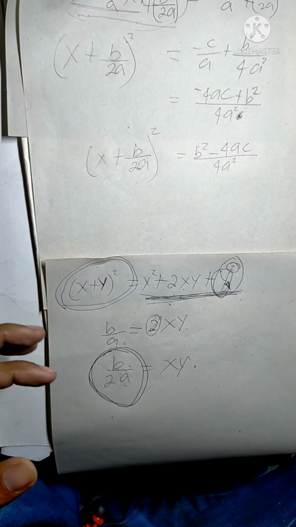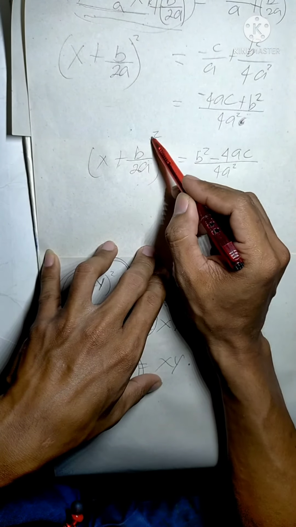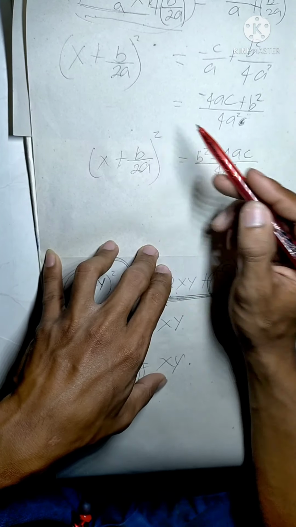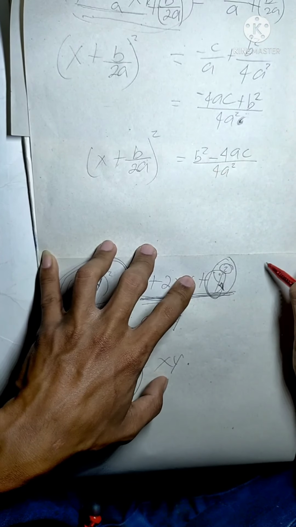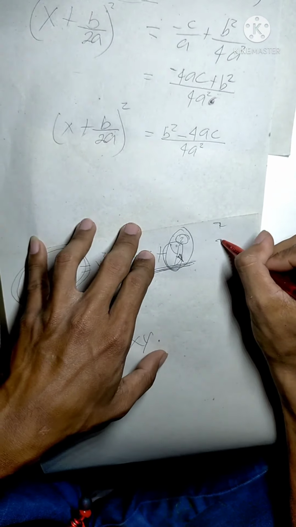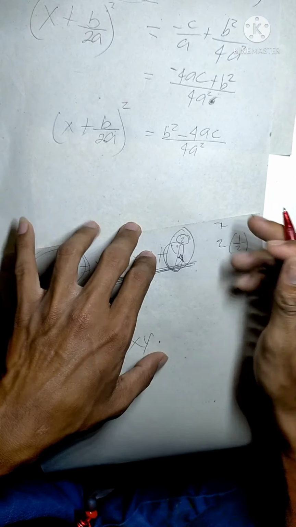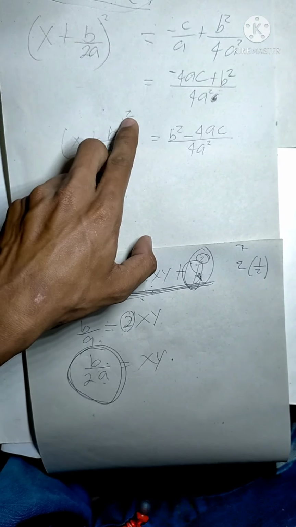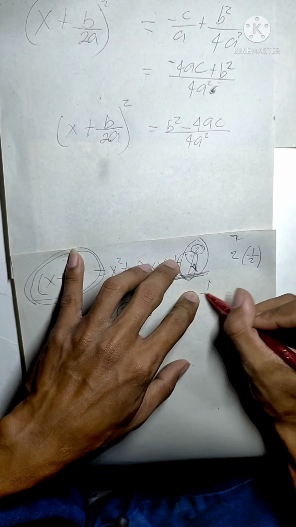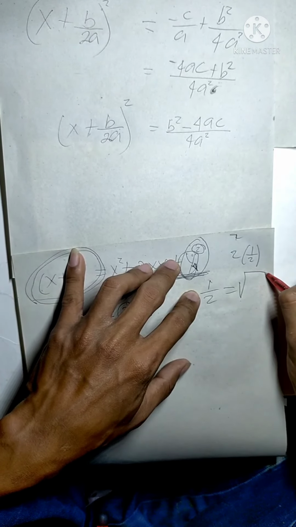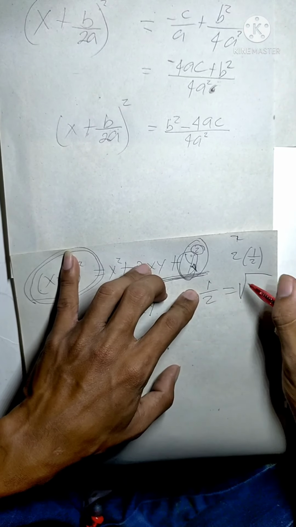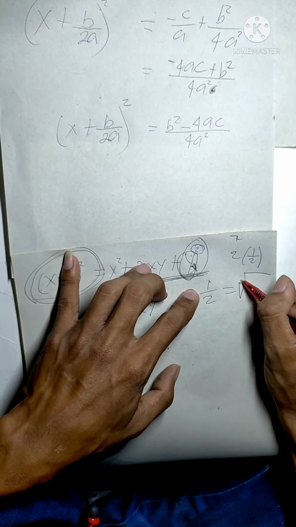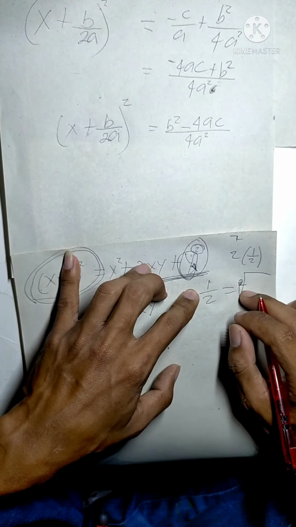First thing to do is to cancel this exponent 2. In order to cancel the exponent 2, we have to multiply by 1/2, both sides. Actually, 1/2 is equal to the square root sign, where the invisible index here is 2.